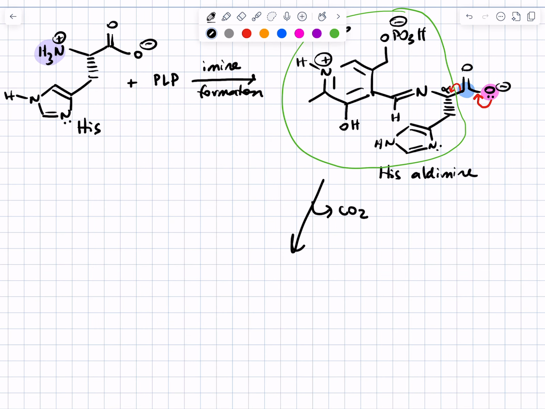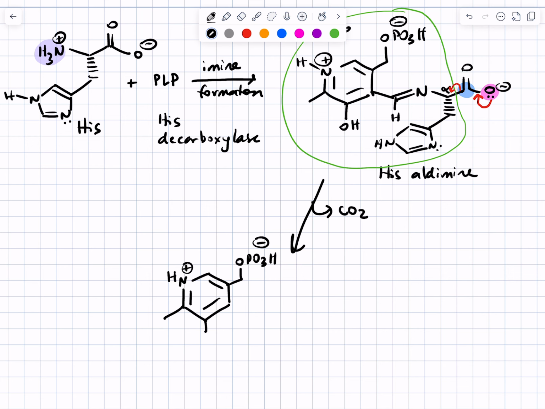You make CO2. What's left behind after that is what I'm drawing now. The enzyme that does this is called histidine decarboxylase. There's a lot of enzymes that can do this for various amino acids. Oops, that's a negative charge there, a plus there. So here's the imine, and I'll draw the alpha proton there.